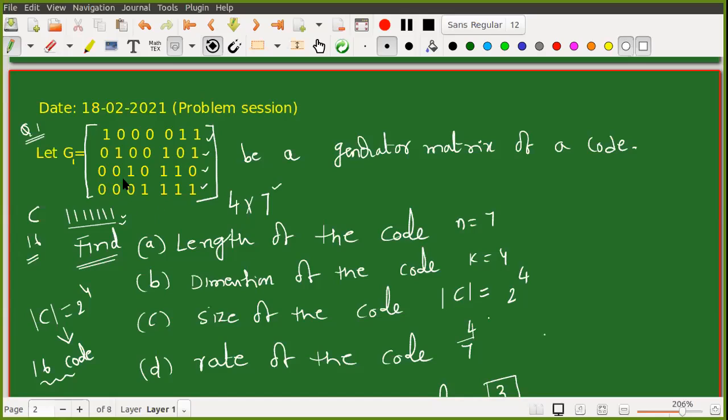So can it have a code word of length 5? Don't worry. So still you are not clear. Okay, Pranita. Yes, sir. It doesn't have a code word of length 5.